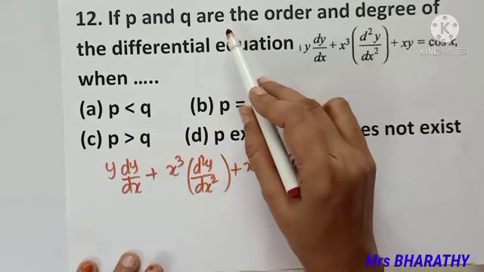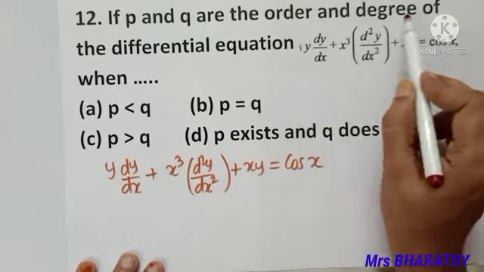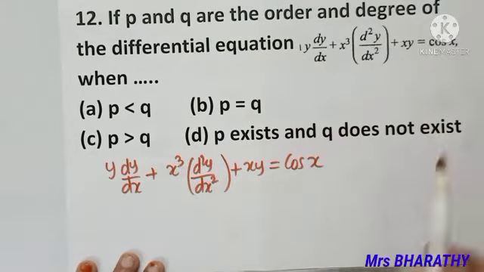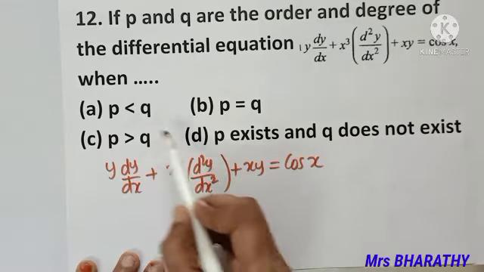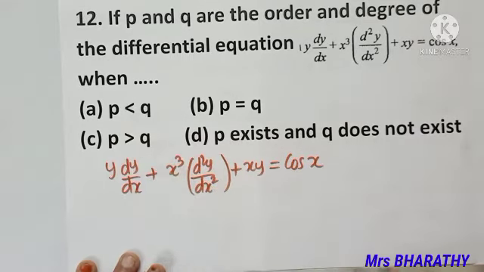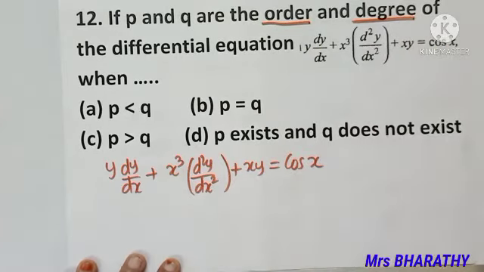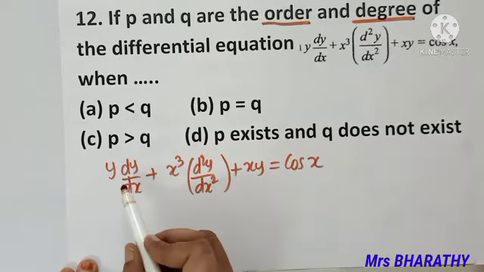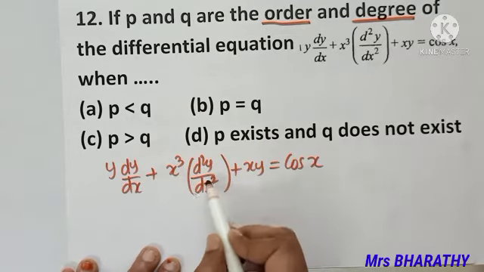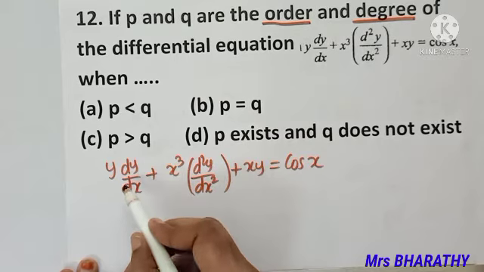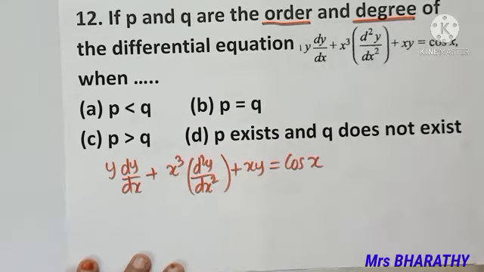Question number 12. If P and Q are the order and degree of the differential equation, we need to check some relationship between P and Q. First, let us find the order and degree of the given differential equation. No differential coefficient has a fractional power, so I can directly write the order and degree.